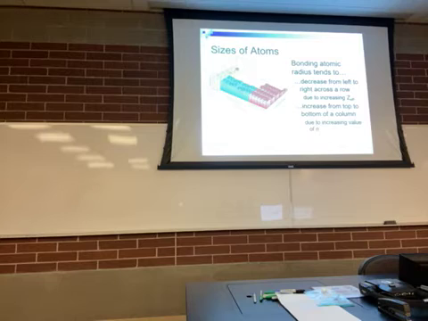And so that's why the trend there is increasing from top to bottom, decreasing from left to right. Okay? Yeah, there we go. And that's just a graph to show your effective nuclear charges here going down. So you can just see that kind of sucking in on those outer electrons. Cool, right? Good stuff, huh?